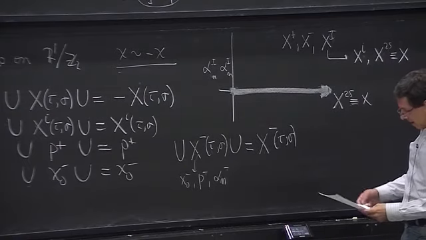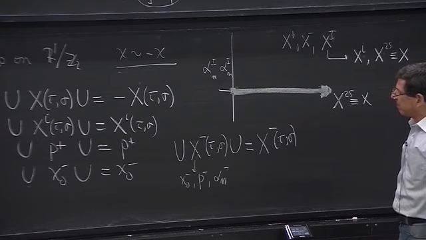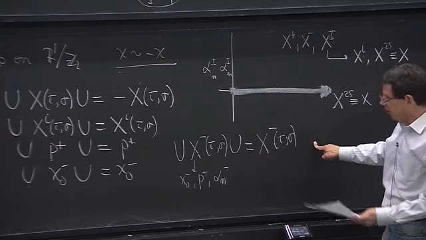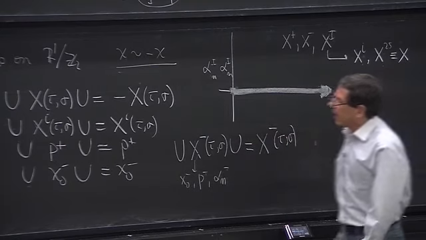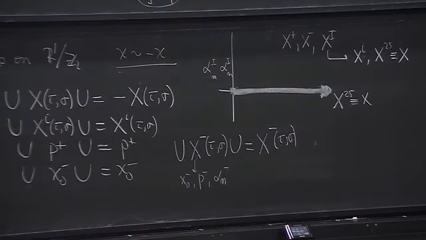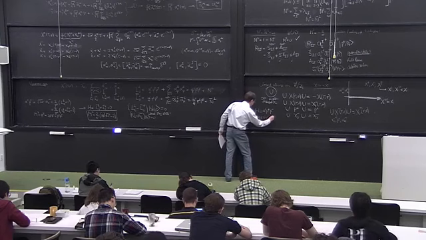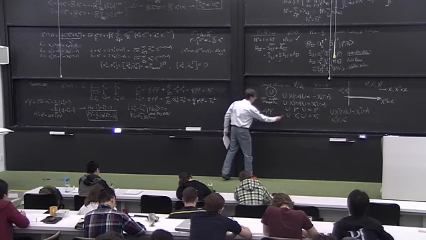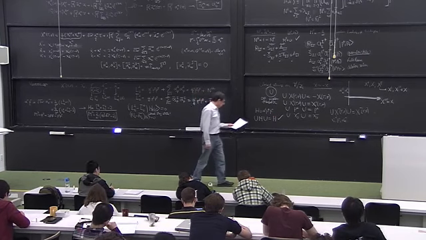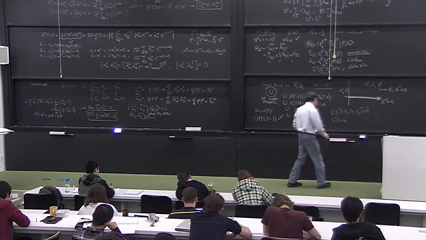So x minus is an invariance. It's invariant under the orbifold identification. And therefore, under the orbifold identification, you also have that h equals alpha prime p plus p minus is invariant. U h U inverse is equal to h. So it's a symmetry of the theory, and we can restrict states to this symmetry.